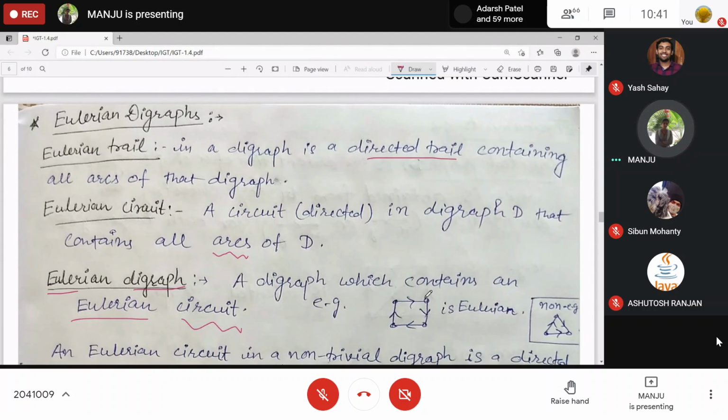So everything is similar, right? For example, this one. What about this one? Is this diagram Eulerian? No, ma'am. There does not exist any directed circuit, right?